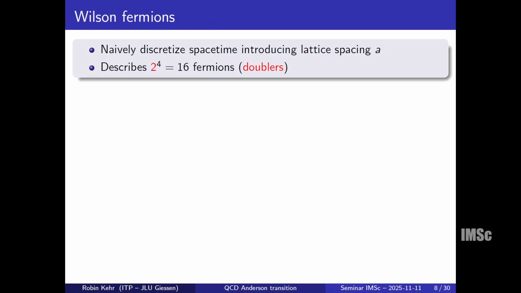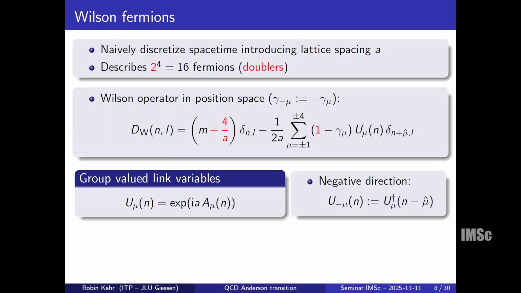For each space-time direction, we get 2 fermions, so we have a factor of 2 for each dimension, 2 to the power of 4, and then we end up with 16 fermions, the so-called fermion doublers. Then Wilson suggested adding a term such that these doublers get removed, which effectively means making them infinitely heavy in the continuum limit.